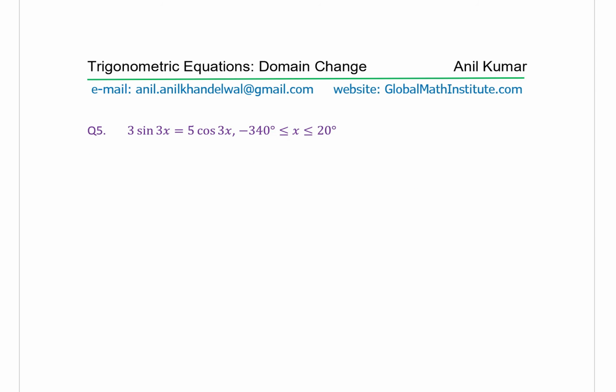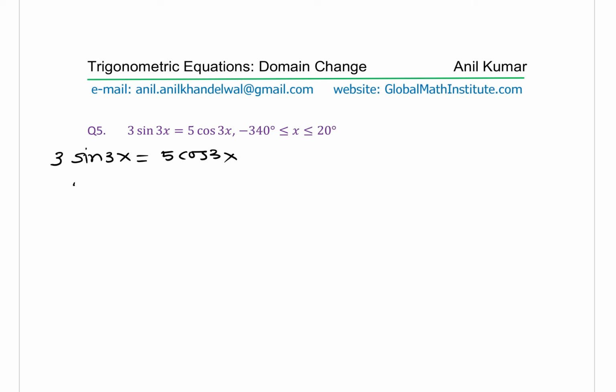Let's take the next example now, which is 3 times sine 3x equals 5 times cos 3x, and x values between minus 340 and 20 degrees. So the equation is 3 times sine 3x equals 5 times cos 3x.